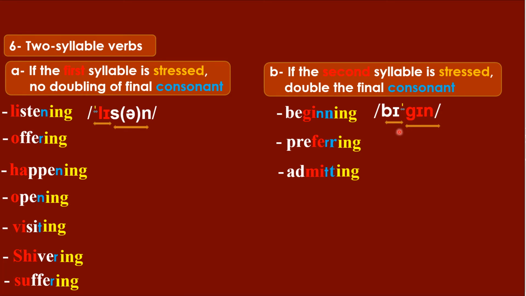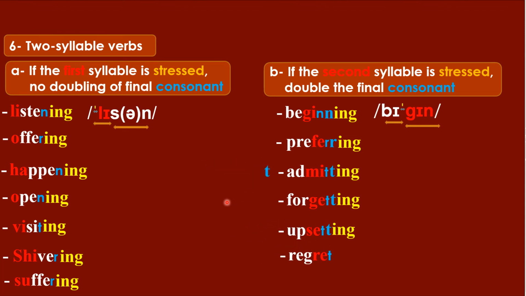If you don't understand the rule, you can just remember the verbs. For example, remember that begin gets doubling, prefer, admit, and also, for example, forget, double T, ing. Okay, and also a verb like upset, double T, ing.